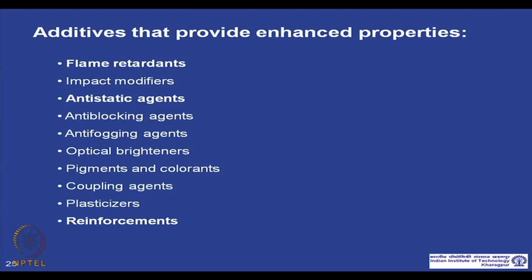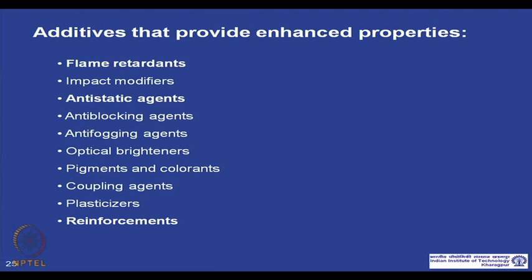If your application requires a polymer which is flame resistant, then you must add a flame retardant to it. And if you are making a polymer which will be a packaging film for food wrapping application, then if it has anti-fogging additives, it will prevent fogging or condensation of water moisture in the packaging film, which will allow the customers to look through that film.